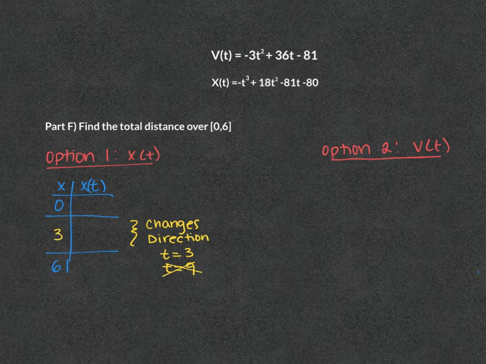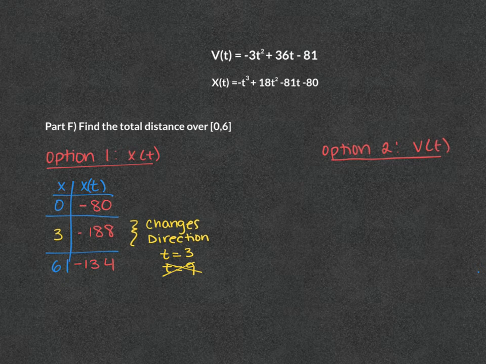So take a minute, put your x of t function into your calculator and tell me what these 3 y values should be. Try it on your own first and then hit resume when you're ready to continue. Okay, so the y values you should have gotten were negative 80, negative 188, and negative 134. So when finding our distance, the best way to do this is to do a picture.